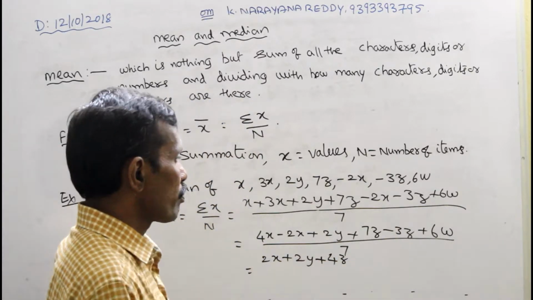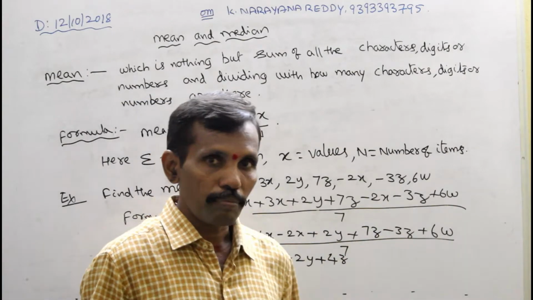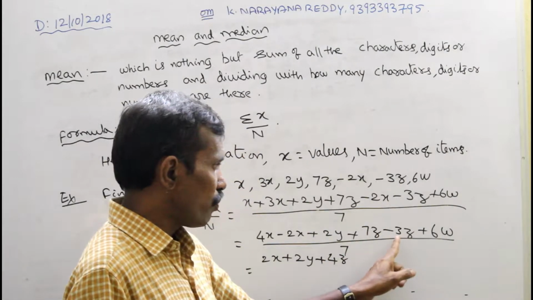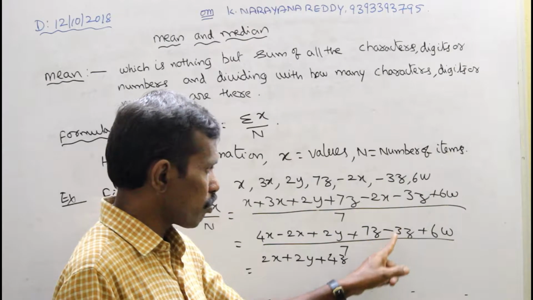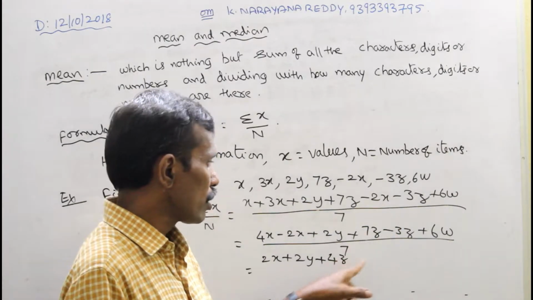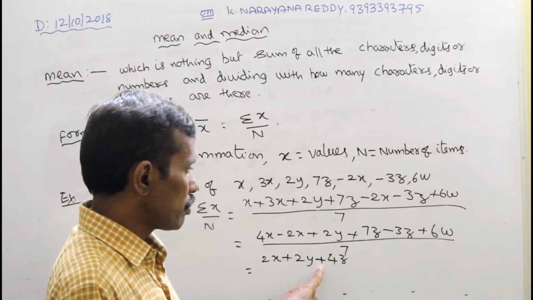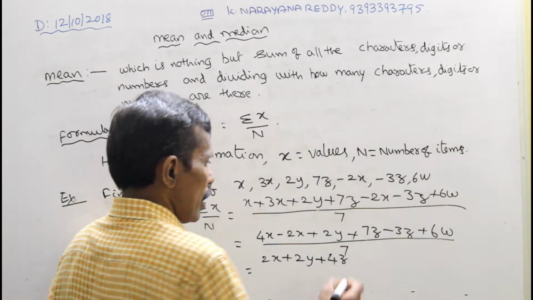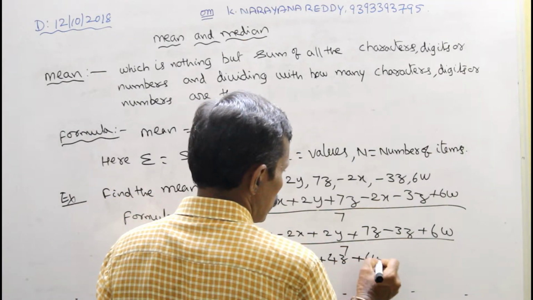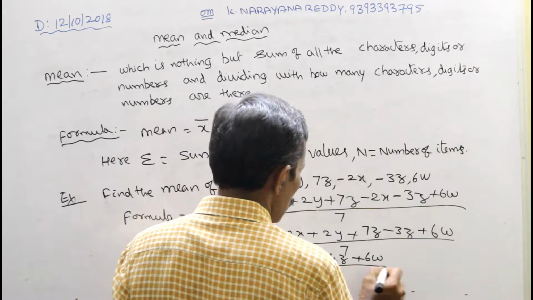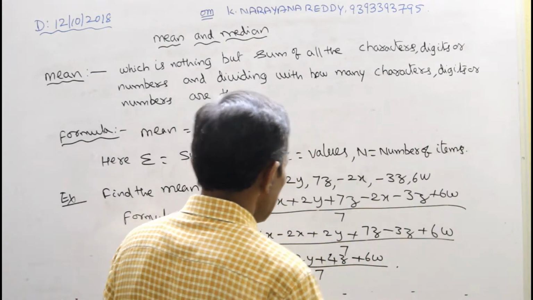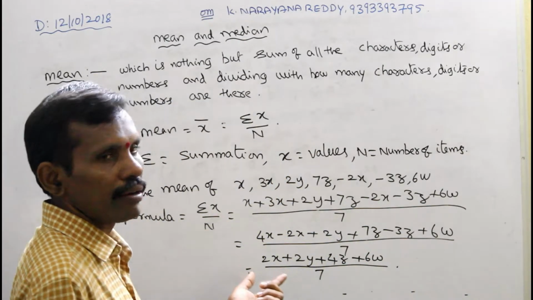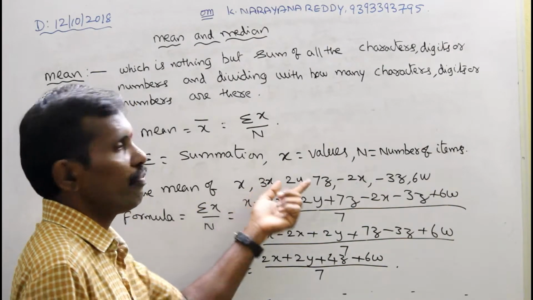Please observe: 7 minus 3 is 4, and the 3 is smaller compared to 7, that is why 4z. Then plus 6w, divided by 7. This is the average or mean for this data.